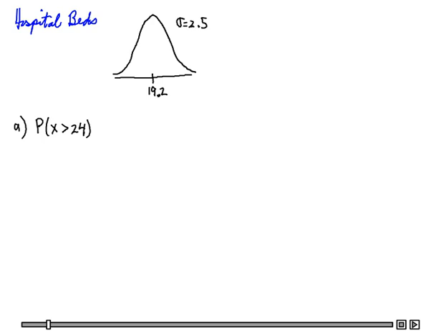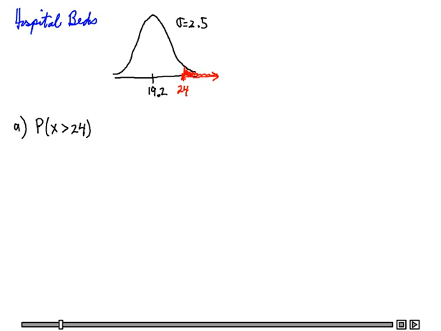Okay, so I need to calculate the probability that x is greater than 24. Let's go ahead and put it in the distribution. I want the probability that x is greater than 24, which is going to be the area under the distribution above the interval.